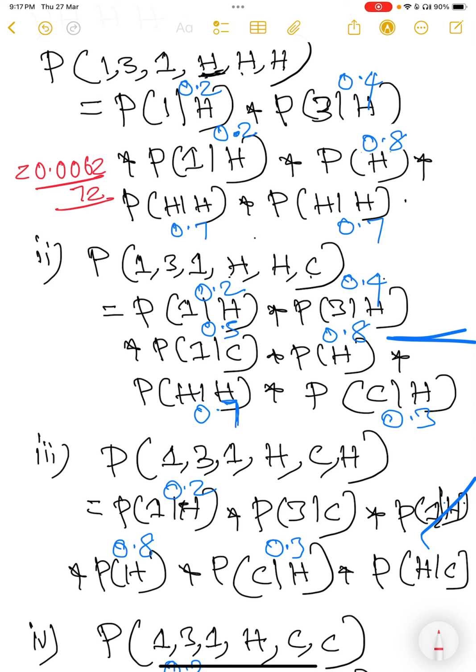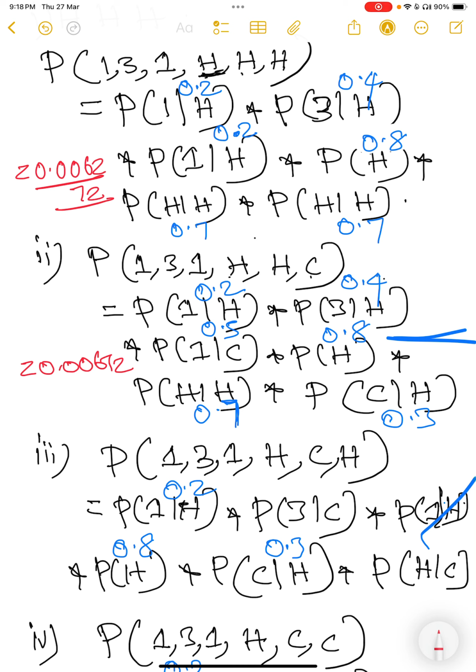Now 0.2 into 0.4 into 0.5 into 0.8 into 0.7 into 0.3 gives 0.00672.